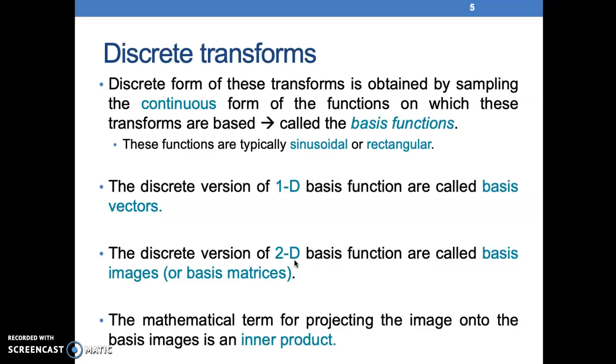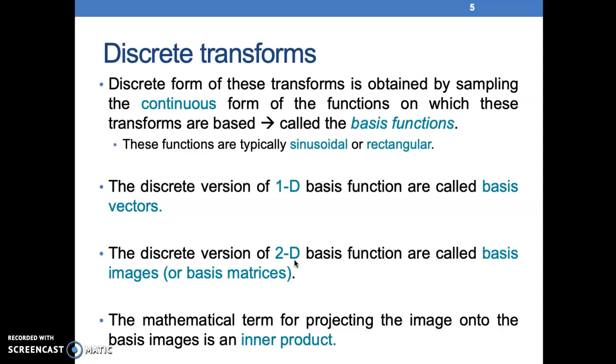So the mathematical term for projecting the image onto basis images is an inner product. The inner product is where you have the basis image and the input image. The process we have done before is like a convolution. Convolution means you have your input image and you convolve it with a filter, so that you remove noise or enhance the image.